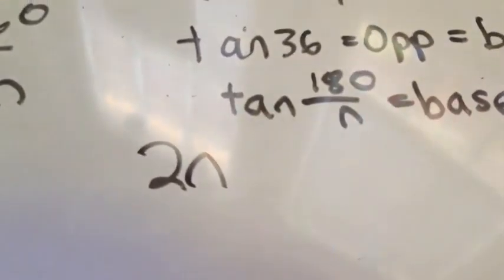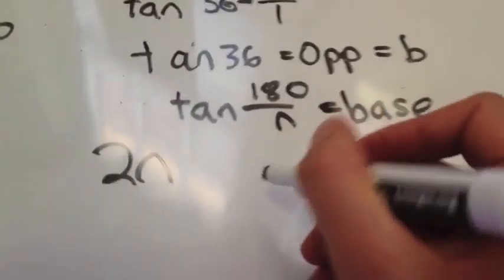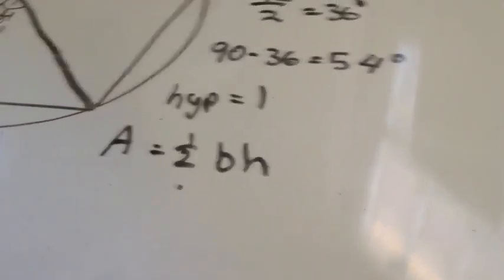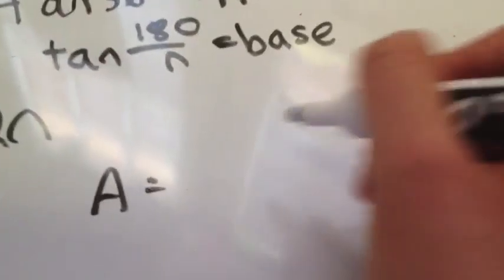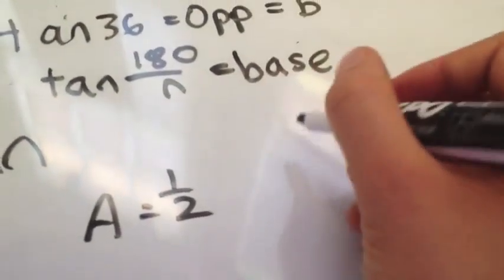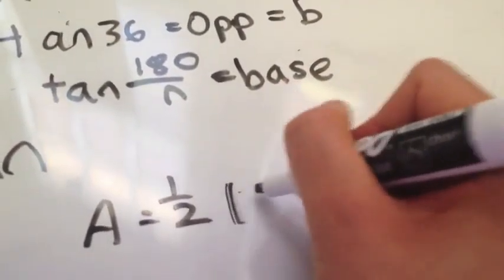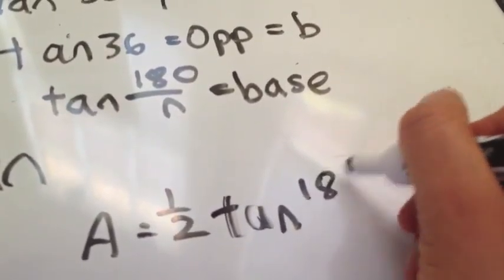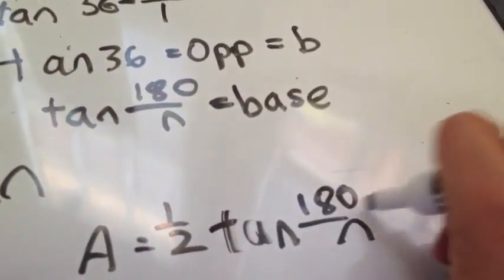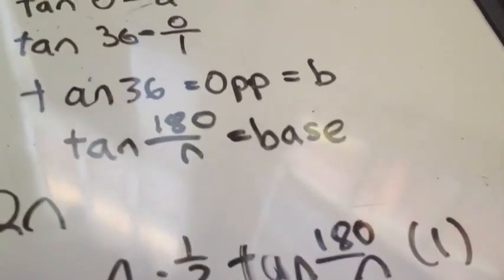Our usual area for a triangle equation is area is equal to 1/2 BH. So the area of this one triangle is equal to 1/2 base, which is tan of 180 over n, times 1.